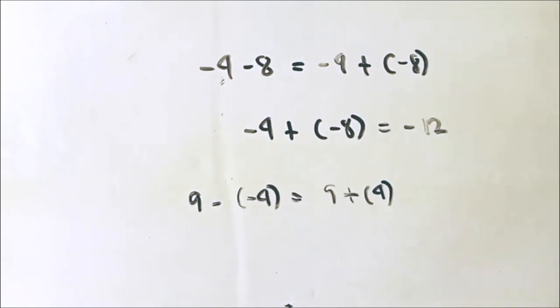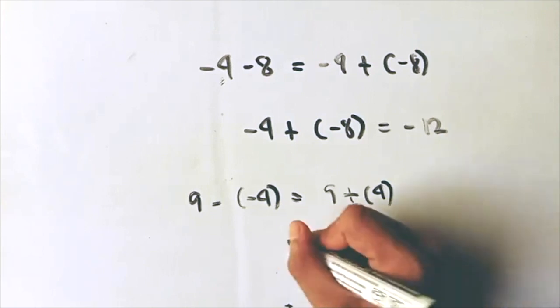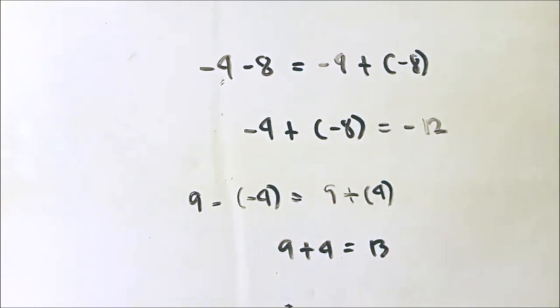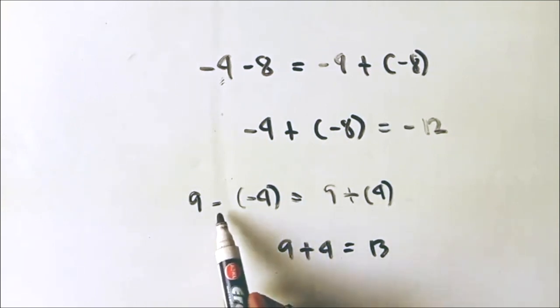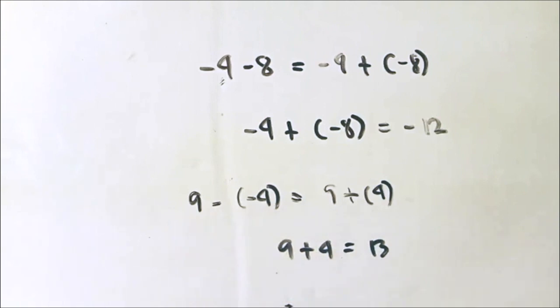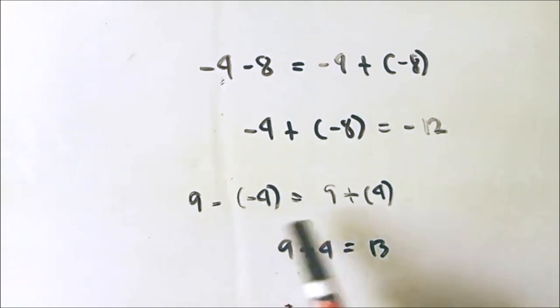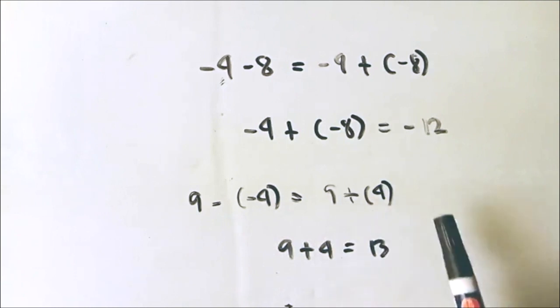Therefore, 9 plus 4 is equal to 13. We will simply add and copy the sign, which is positive. Or we can say that we can multiply or distribute the negative here, and negative times negative is positive. So this will become 9 plus 4.